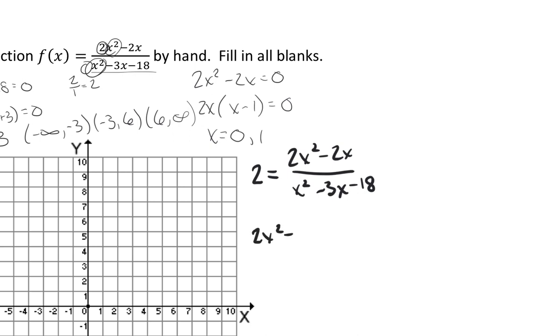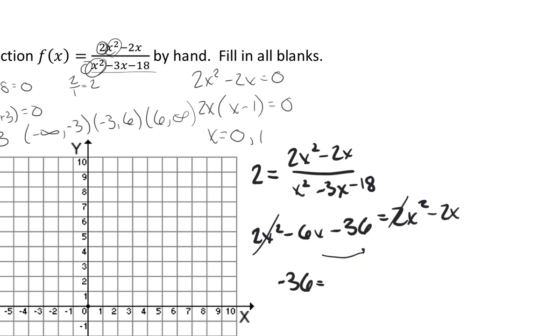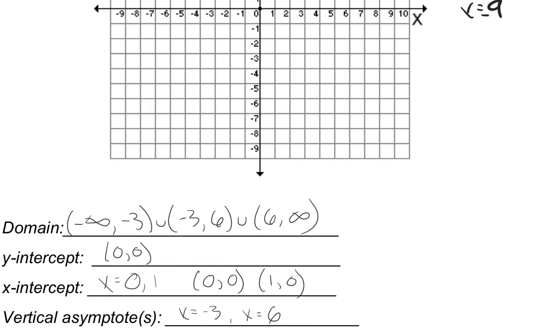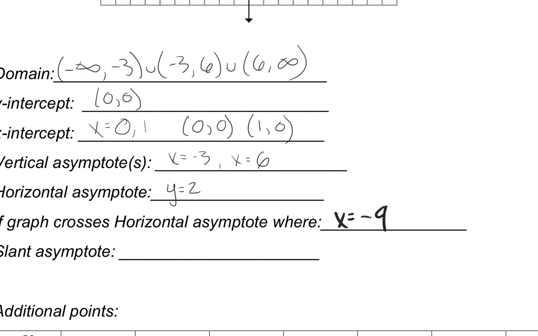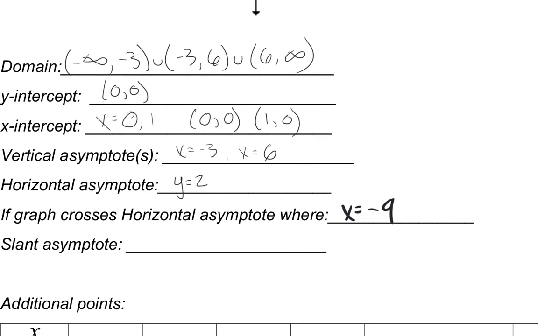So that's 2x squared minus 2x equals 2 times x squared minus 3x minus 18, which is 2x squared minus 6x minus 36. So these are going to go away. And then we're going to move that over, so it's going to be negative 36 is equal to 4x, and that means x is going to be equal to negative 9. So at x equals negative 9, that's where the graph is going to cross the horizontal asymptote.